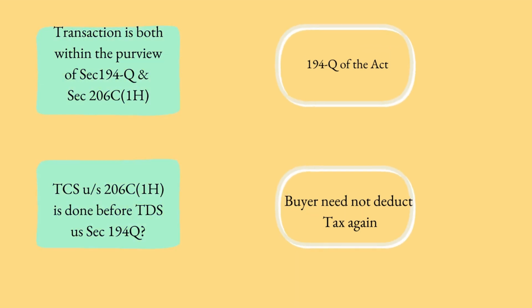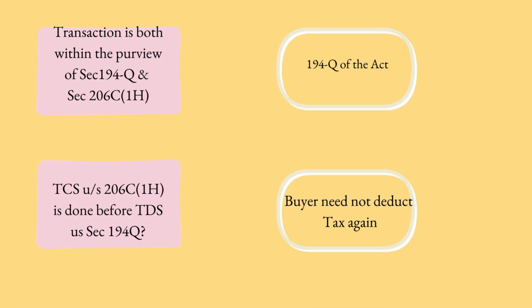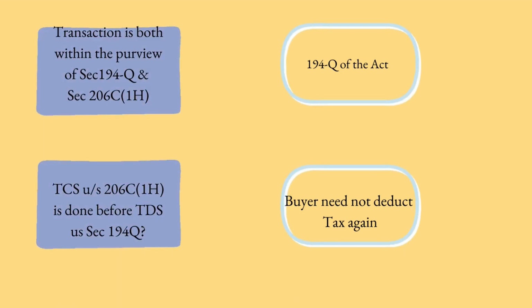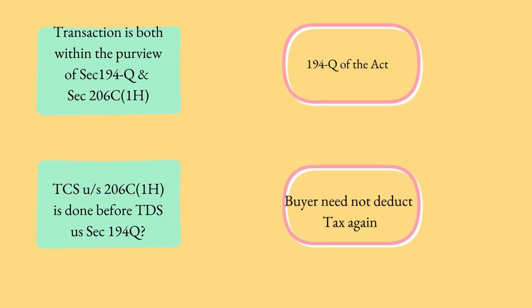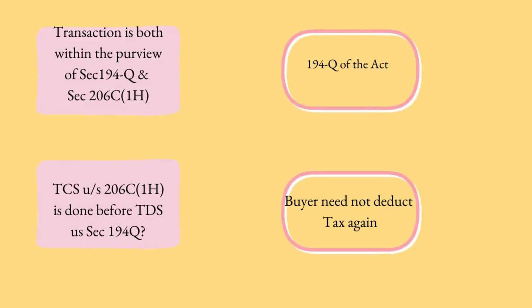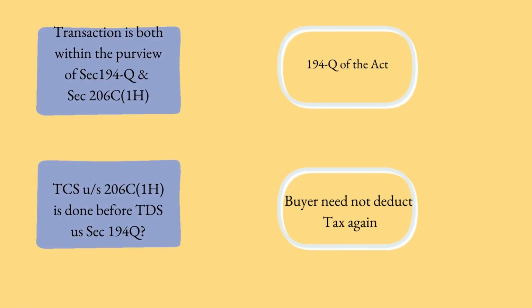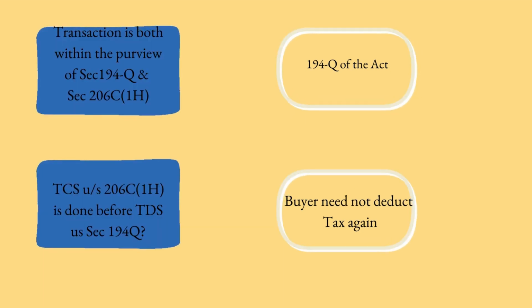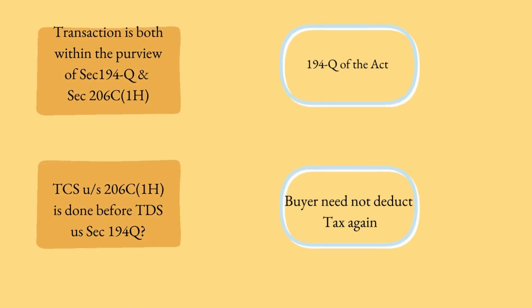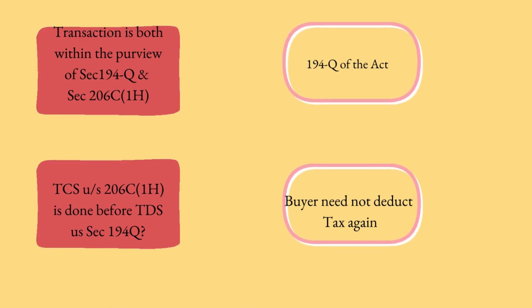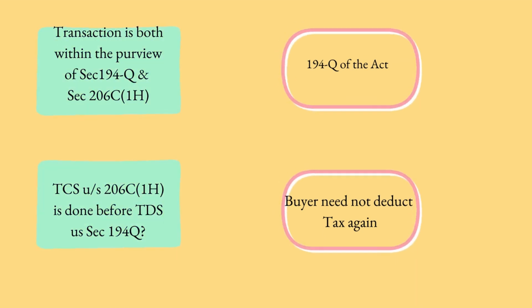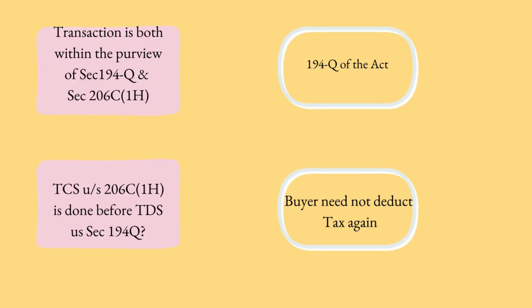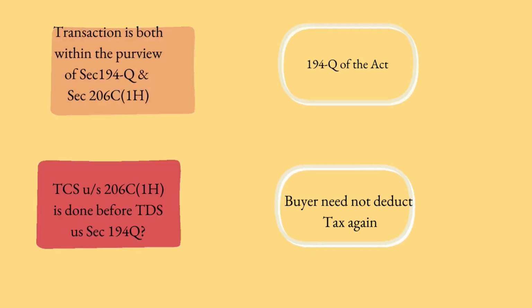However, if for any reason the tax has been collected by the seller under Section 206C(1H), then the buyer need not deduct tax again on the said transaction under Section 194Q. This concession is being given because the tax rate of deduction and collection are the same under Section 194Q and Section 206C(1H) of the Act.